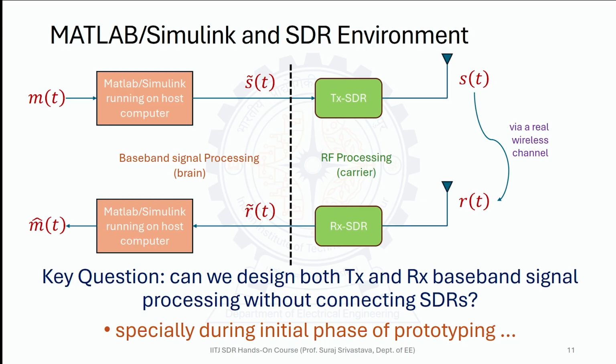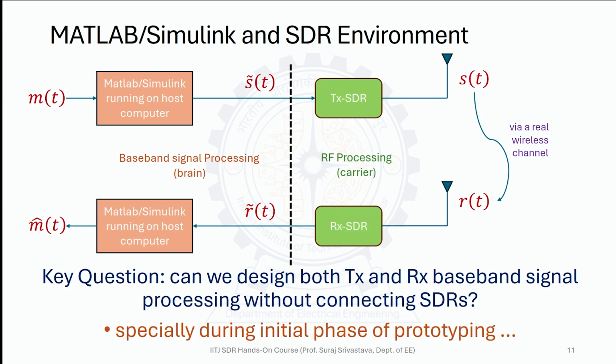Whereas the right side of this dotted line is just the RF processing. This is just like a carrier. The role of the carrier is to carry this S tilde t over the radio waves and to get this R tilde t back from the EM waves.